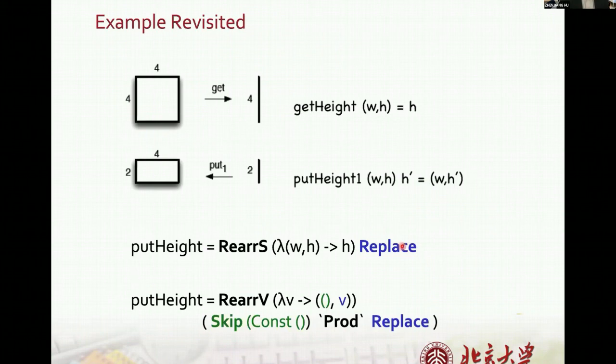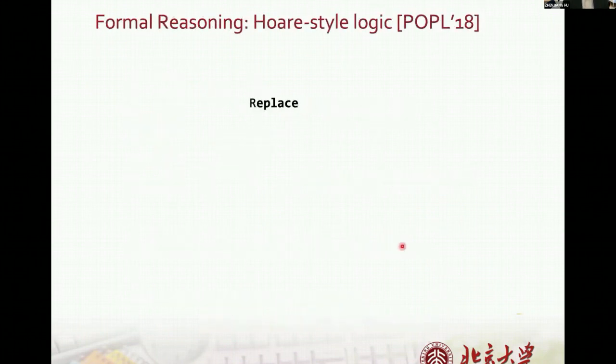I show a little bit of the idea. For example, here is a replace. Replace just takes a source and a view, and returns a new source, which is exactly the view. This I explained just now.